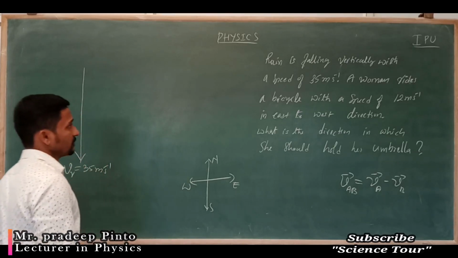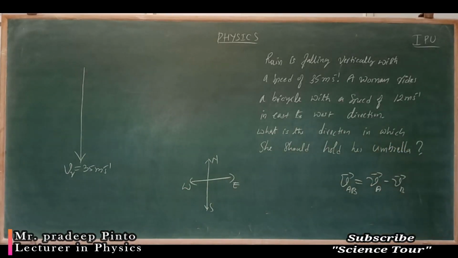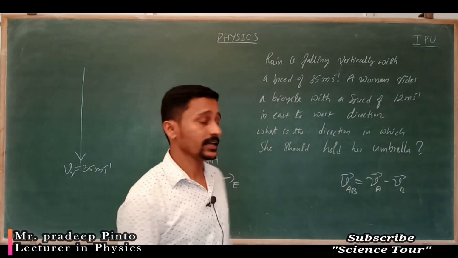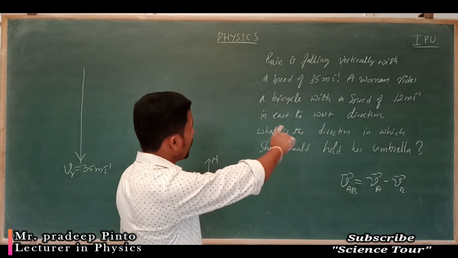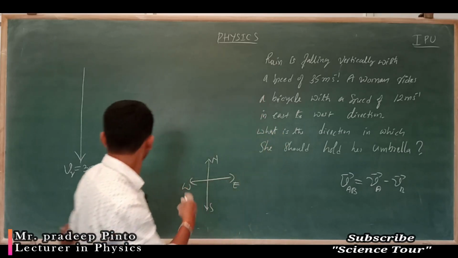So what have they given? A bicycle with the speed of 12 meter per second, east to west.